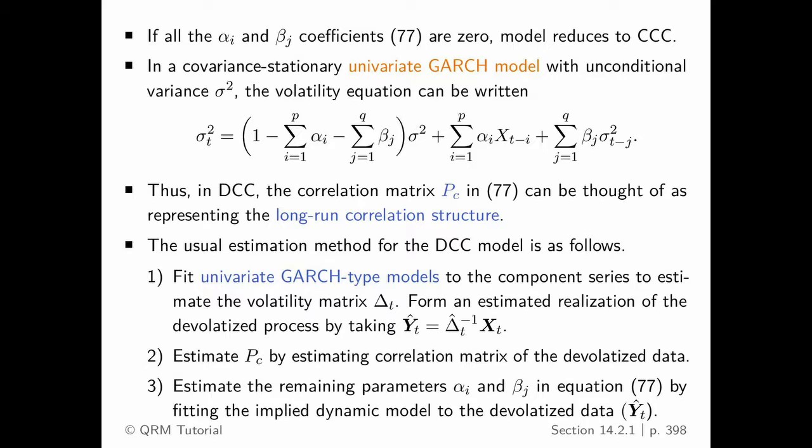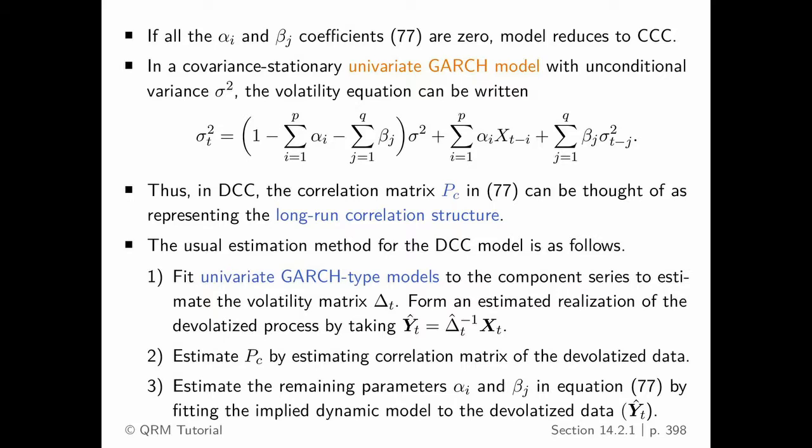By analogy with the univariate GARCH model, you can sort of see what happens. In a univariate GARCH, in fact, you have an updating equation of this form. The volatility equation can be written like this, that sigma_t squared is given by the unconditional variance, plus a term involving squares of X_t and previous variances. There should be a square there, obviously.